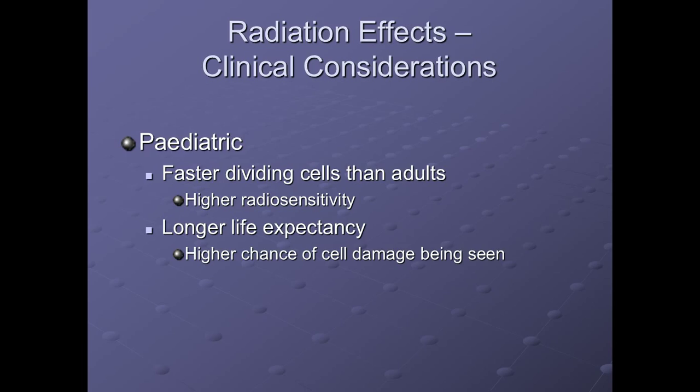So they've got this quicker mitotic rate than adults. And linking back to radiosensitivity, this means that naturally they are more radiosensitive, and obviously this changes with age. So younger people are more radiosensitive, and as they get older, their mitotic rate slows.